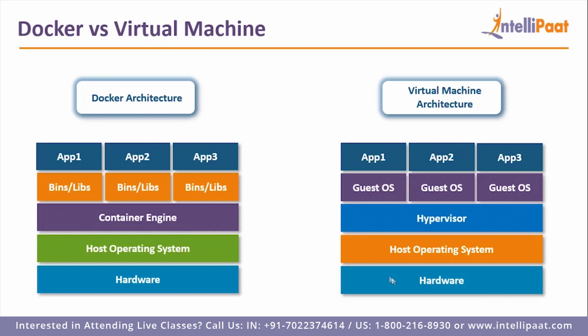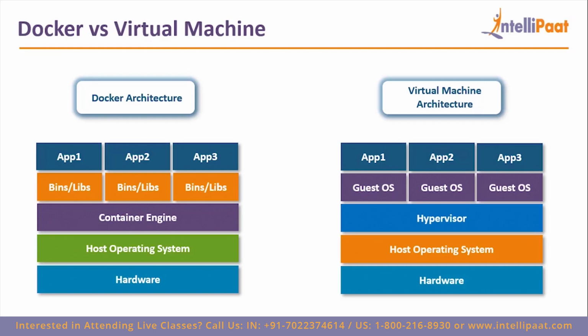So you have a hypervisor software in case of VM architecture, and then you have the container engine software in case of a Docker architecture. Then on top of the hypervisor, you have the guest operating system. And this is where all of the difference is, right?